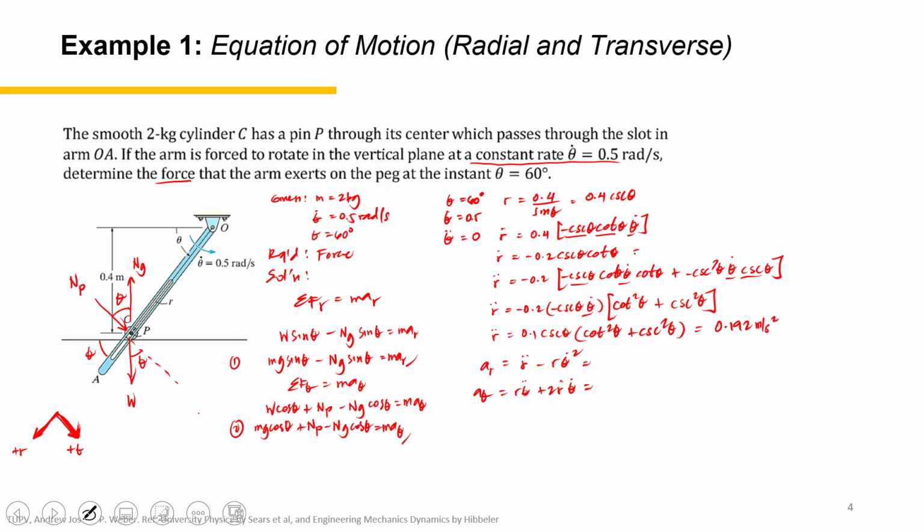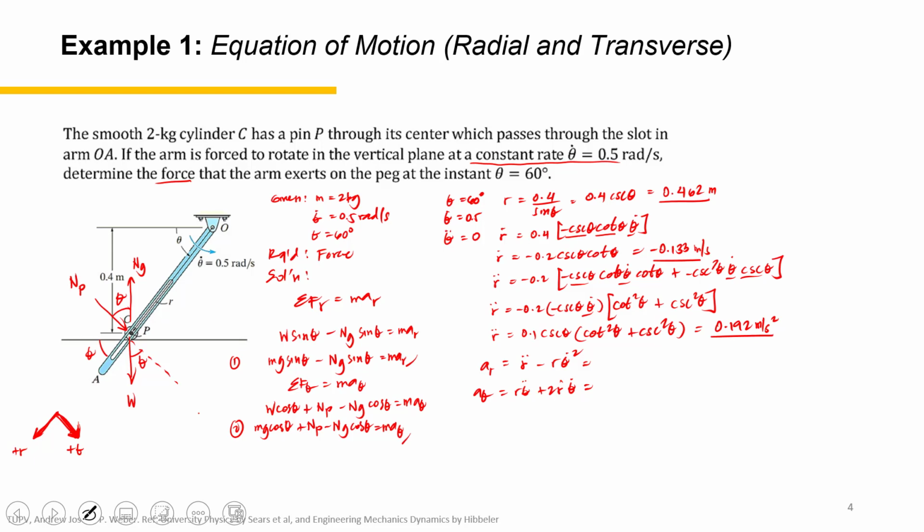And for the r dot, that is equal to negative 0.133 meter per second. And of course, the r is equal to 0.462 meters.